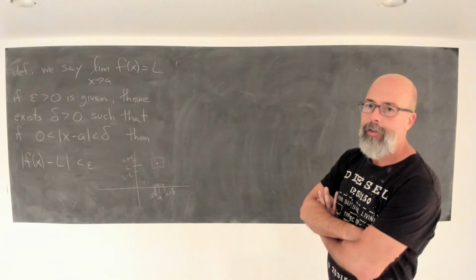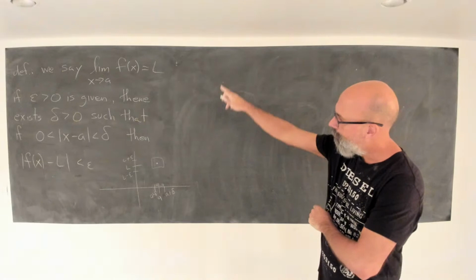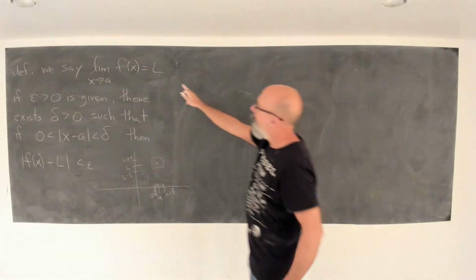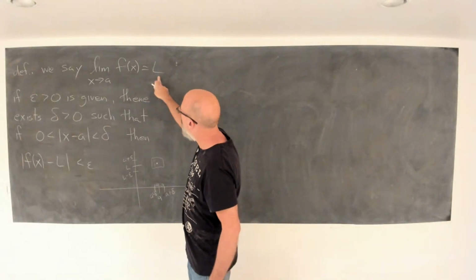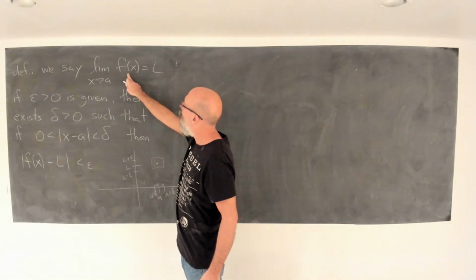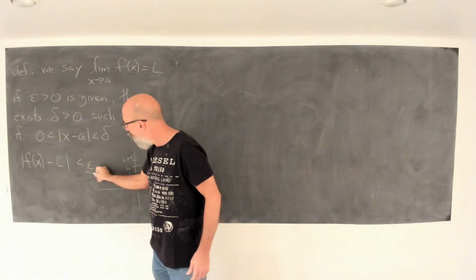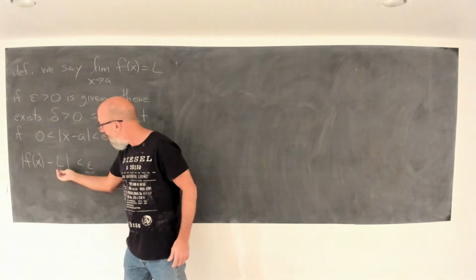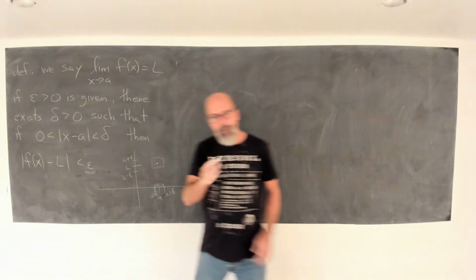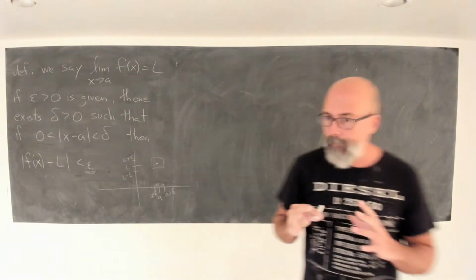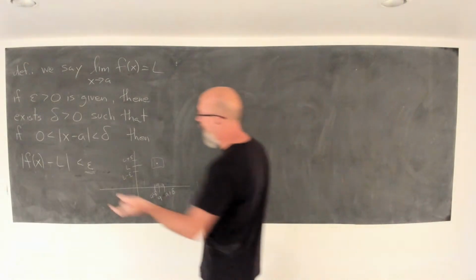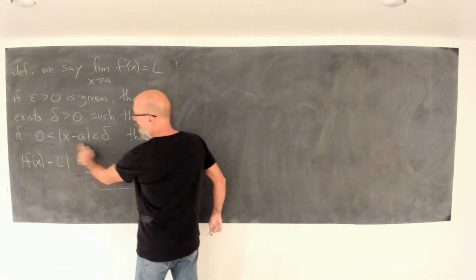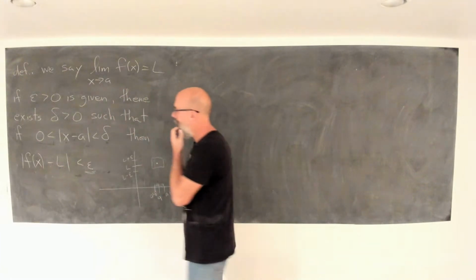What do epsilon and delta represent exactly? Think back to the definition we had before. We would say that the limit of f of x is L if f can be made arbitrarily close to L, so the epsilon is the arbitrarily close here, by taking x sufficiently close to a, but not equal to a.